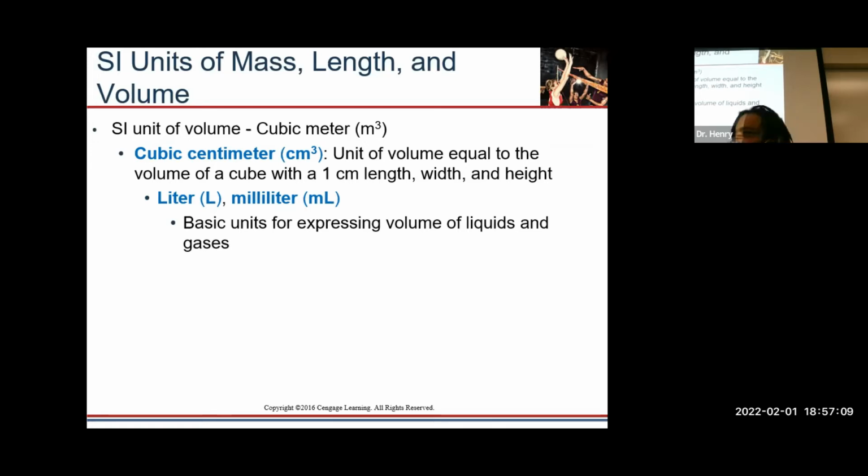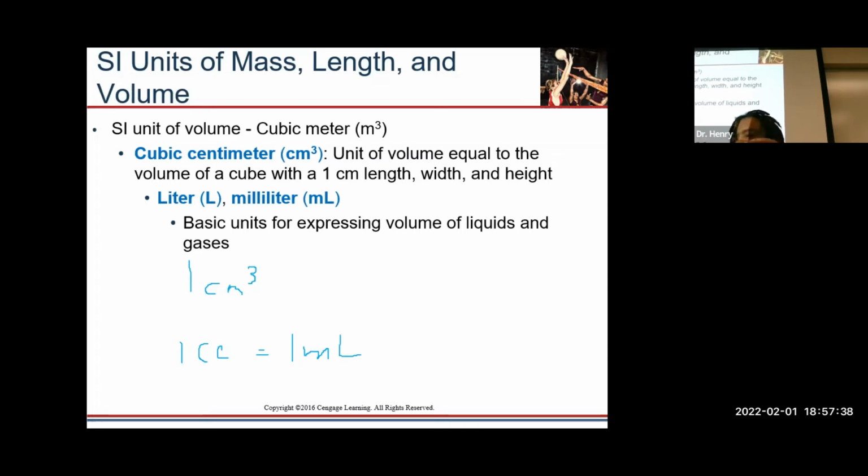I need 5 cc stat. What is a cc? It stands for cubic centimeters, right? So 1 cubic centimeter, or we'll say 1 cc, is equal to 1 milliliter.